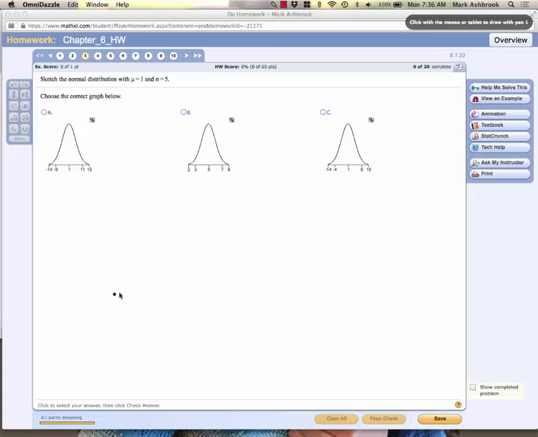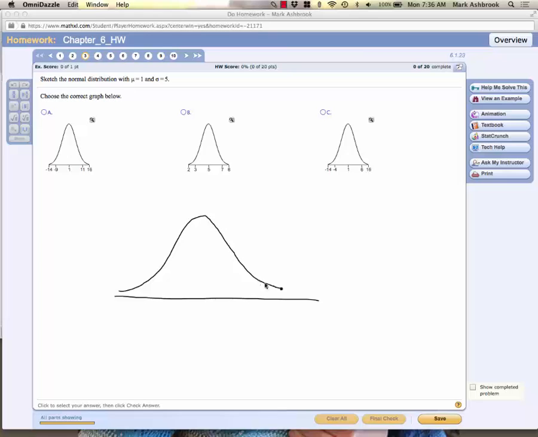So if you have a standard normal curve like this, of course we know that the mean is here. And how much of the data lies within 1 standard deviation of the mean?